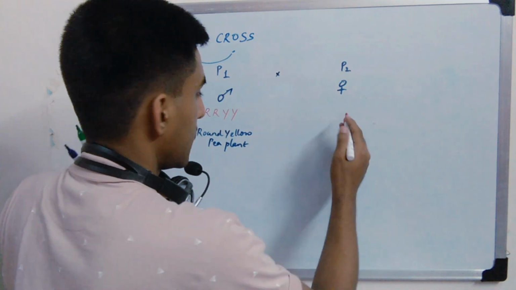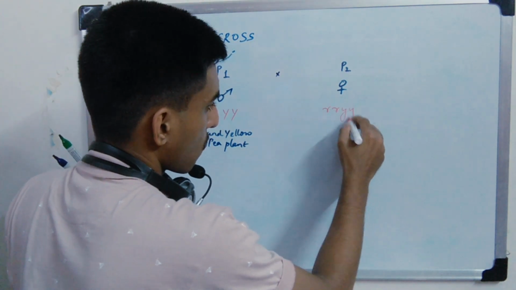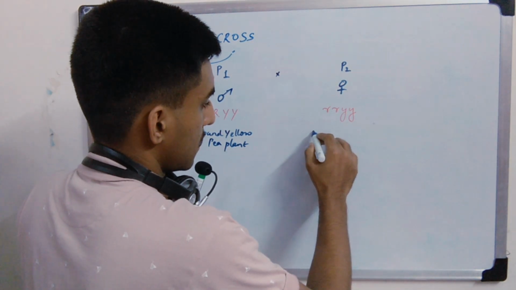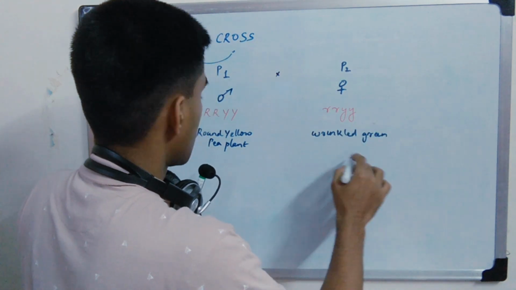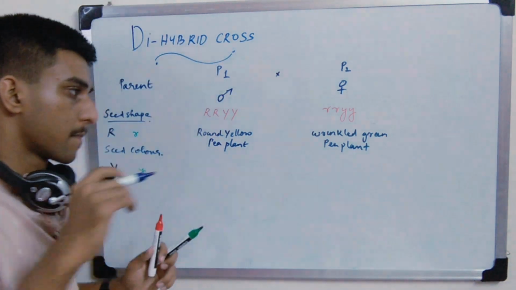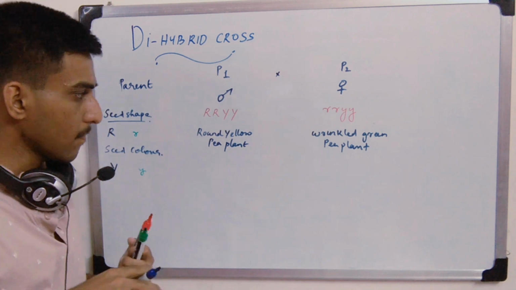So here parent 2 is homozygous recessive: small r, small r, small y, small y. Okay. So it is a wrinkled green pea plant. This is the parental condition. So we are going to do the cross.